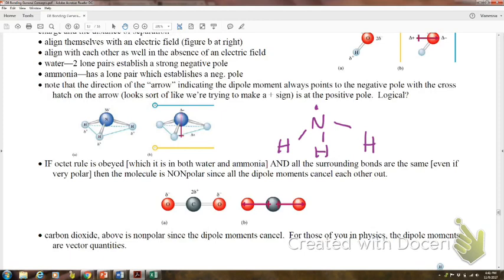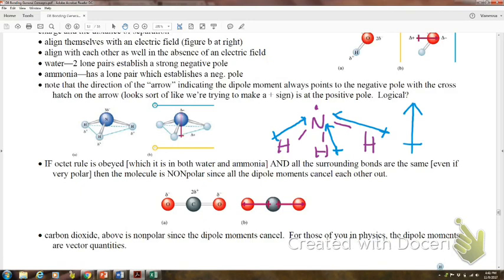So what you can do is draw each vector arrow for each bond, and we see that it goes this way and then this way. So overall we've got this for our dipole moment. You can see how they'd be additive, so this would definitely be a polar molecule.